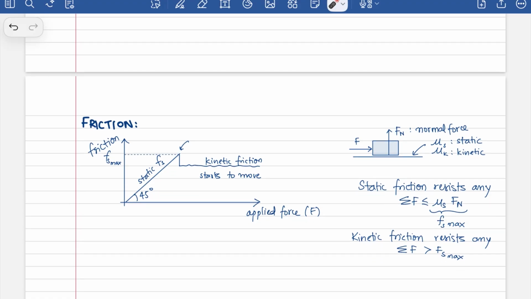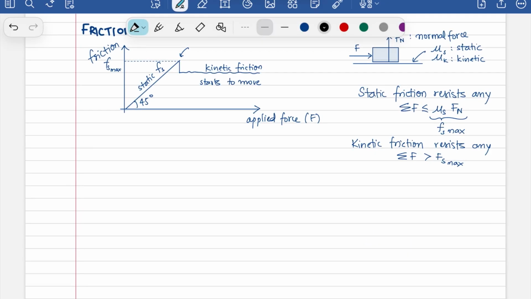Okay, let's do a problem now. So we have a block of 50 kgs on a surface. And given that this surface has mu s equal to 0.5 and mu k equal to 0.4, the question asks you, if this here is the net result of all your forces in the x direction, and there are none in the y direction, at what Fx would the block begin to slide?